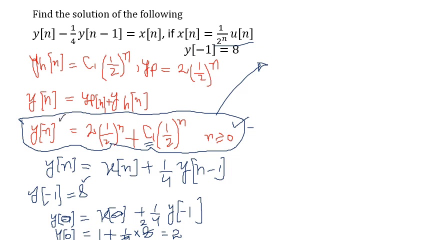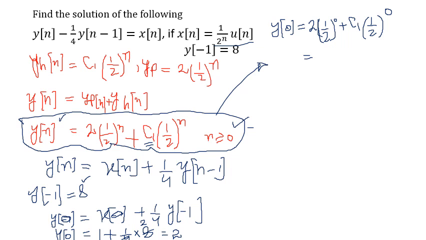So y of 0 equals x of 0 plus c1. This is not 2, in fact. Okay, so let me correct it.